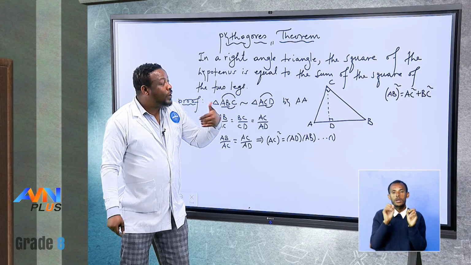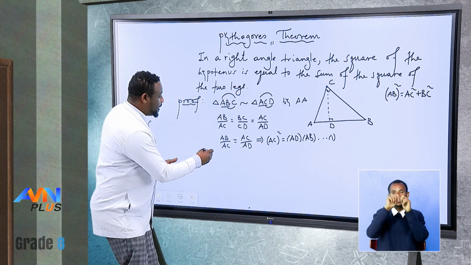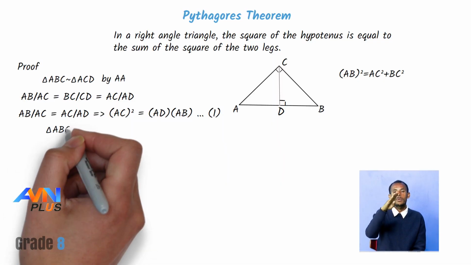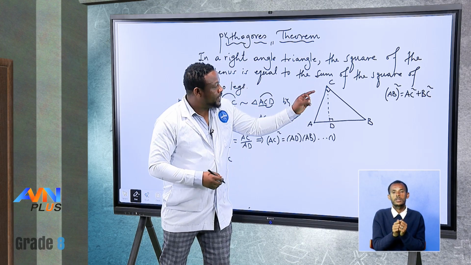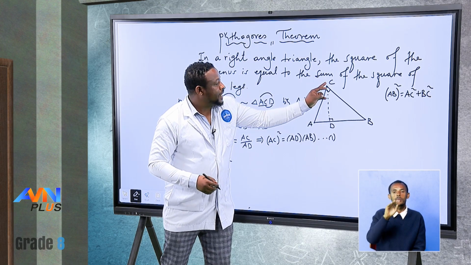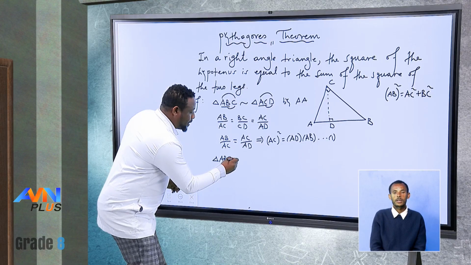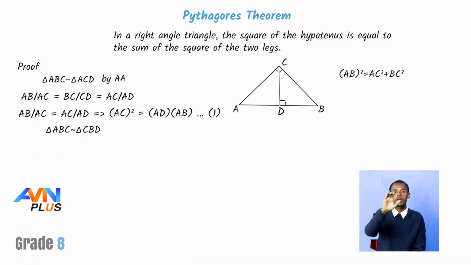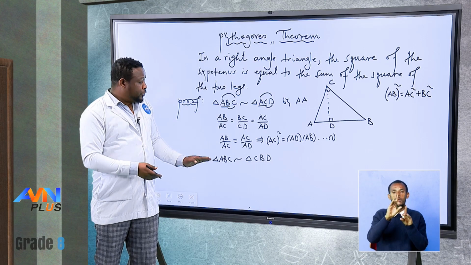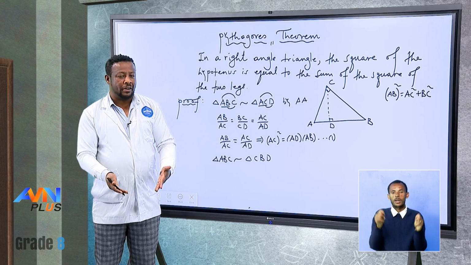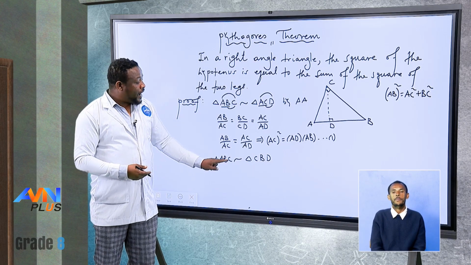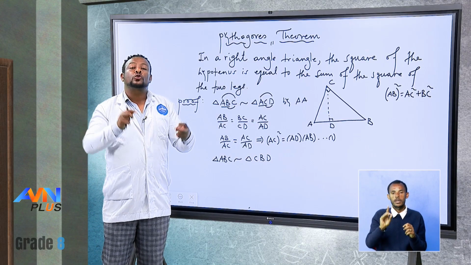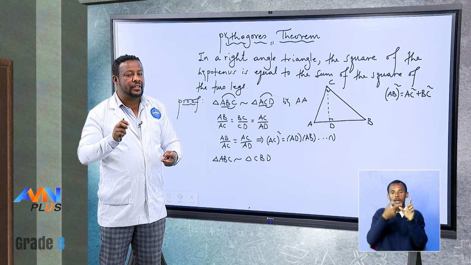Okay, now let's take another triangle. Let's compare triangle ABC with BCD. This is similar to triangle CBD. Why do you think these two triangles are similar? Triangle ABC and triangle CBD are similar because these two triangles have two congruent angles.